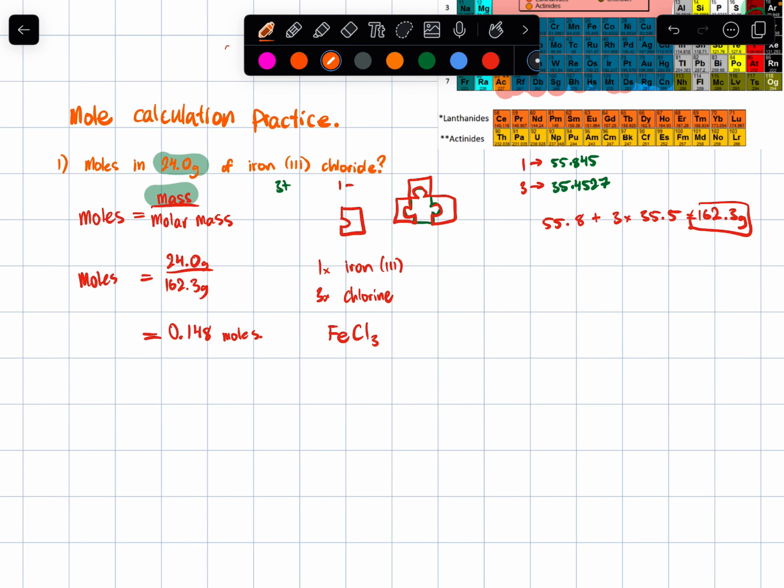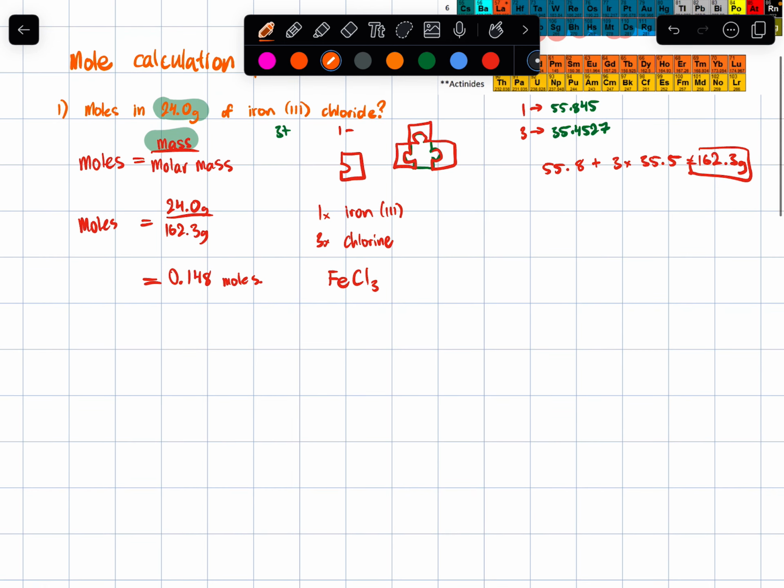Now, the second question you've typed over here: how many moles are there in 150 grams of sodium sulfate? Okay, that's difficult to read. Not one, question 2. I'll go moles in 158 grams of sodium sulfate.